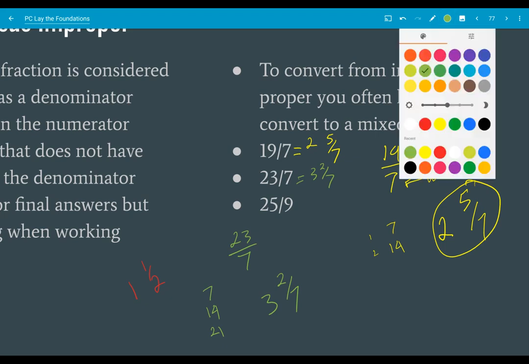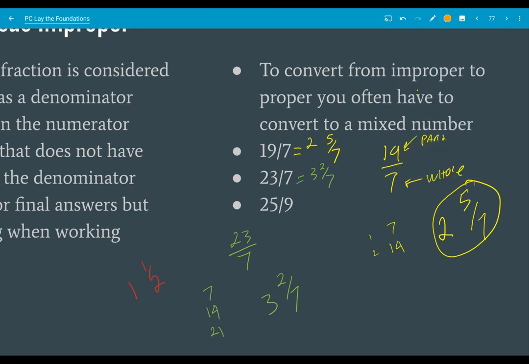And then the same thing for the last one, right? 25/9. So it's 9, 18, 27. So it's going to be 2. 25 minus 18 is 7/9. So this is going to be 2 and 7/9.